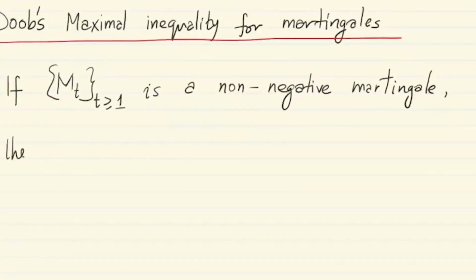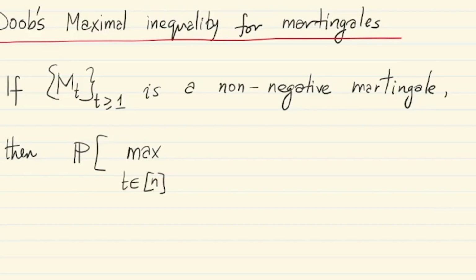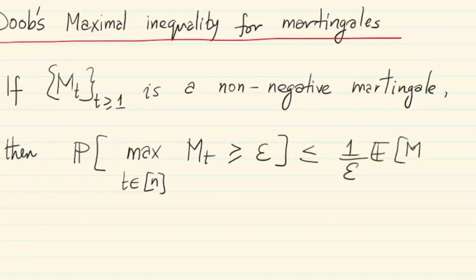then the probability that its maximum over t going from 1 to n, so let me write this precisely as t belonging to n, M_t exceeding any level epsilon is at most 1 over epsilon into the expected value of M_1.